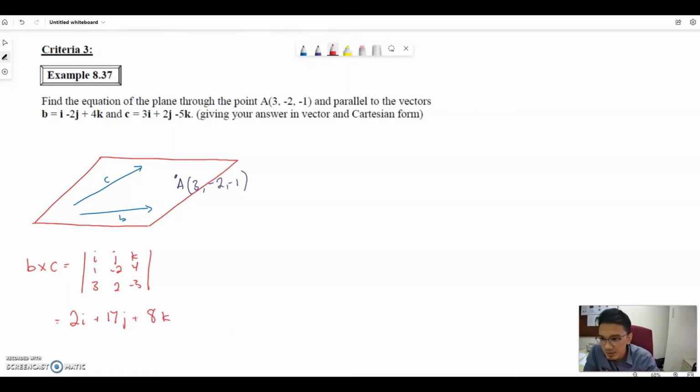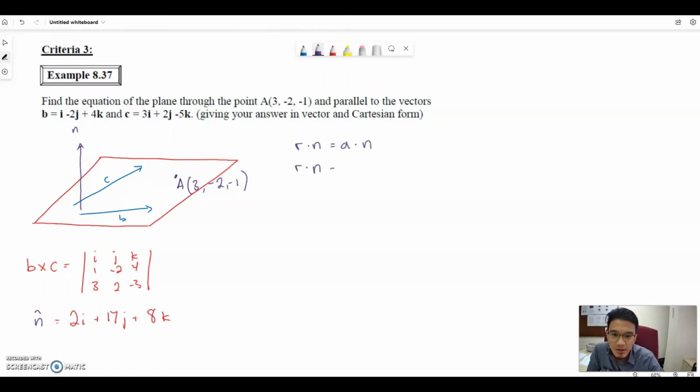Right, so this is the vector that is perpendicular to the surface of the plane, vector n. Since we already have a point that is fixed on the surface of the plane, the equation of the plane is r dot n equal to a dot n.